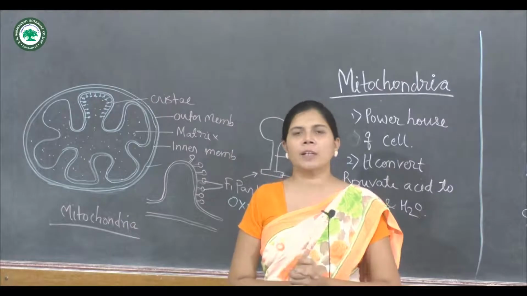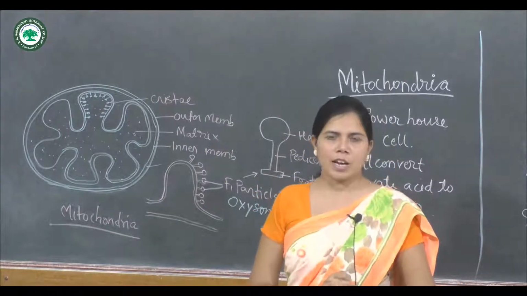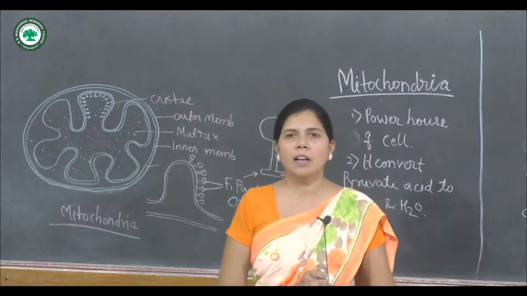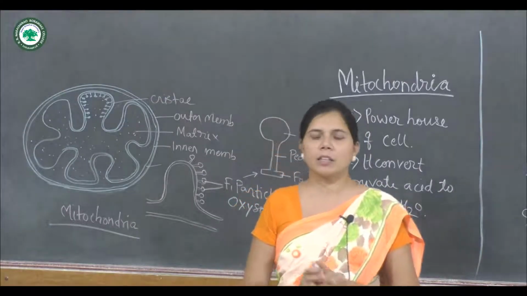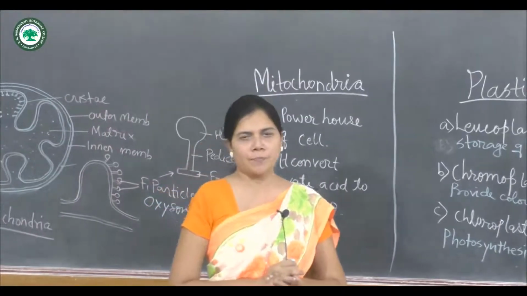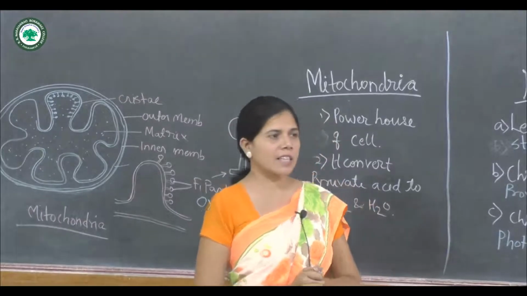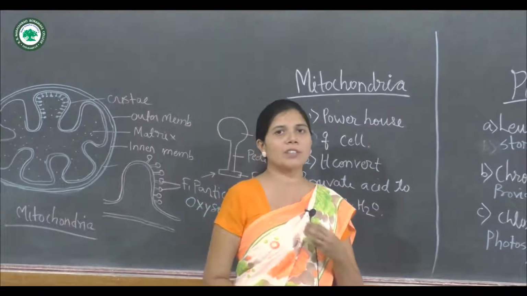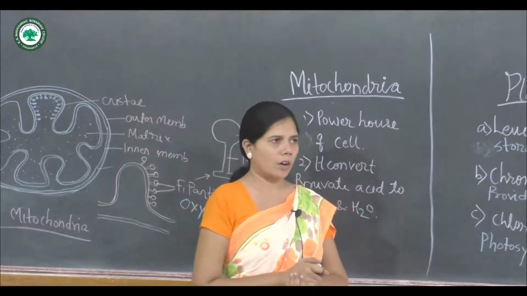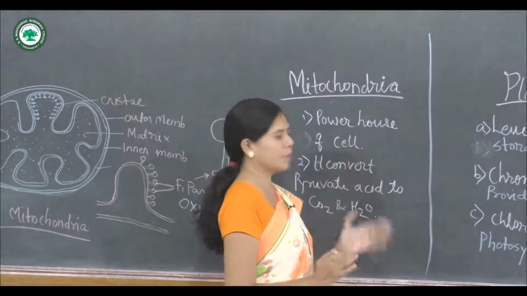The function of the mitochondria is to synthesize the ATP molecule. That's why the mitochondria is also known as the powerhouse of the cell, because it synthesizes ATP, the energy molecule required by the cell.